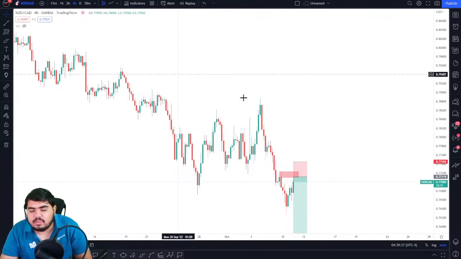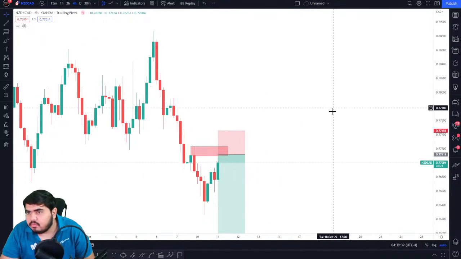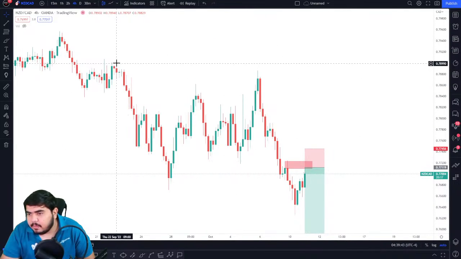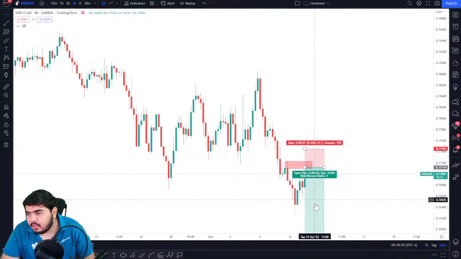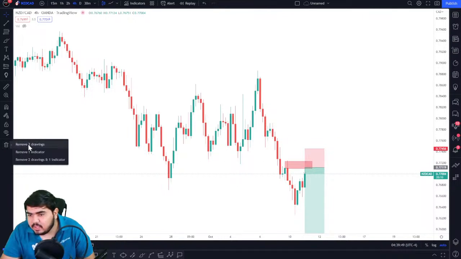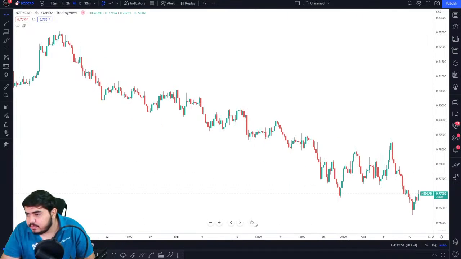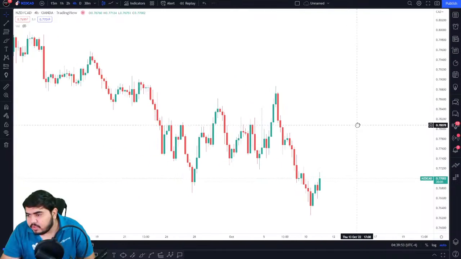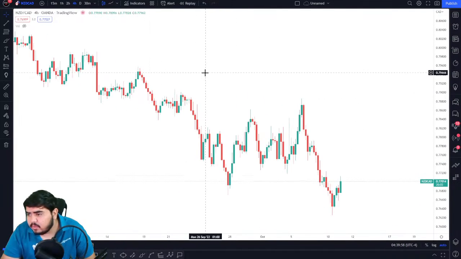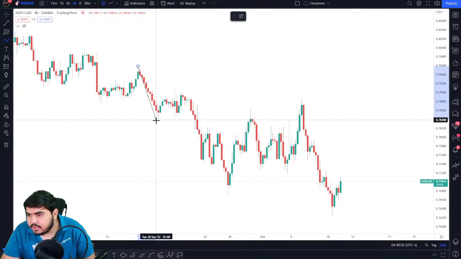Now, if we shift toward the 4-hour time frame, what we can notice is that market is basically making lower lows and lower highs again. Give me a second. I'm gonna remove the drawings just to show you guys what we are expecting. So on this 4-hour time frame, if we mark the market structure, we can see that market has created this low.